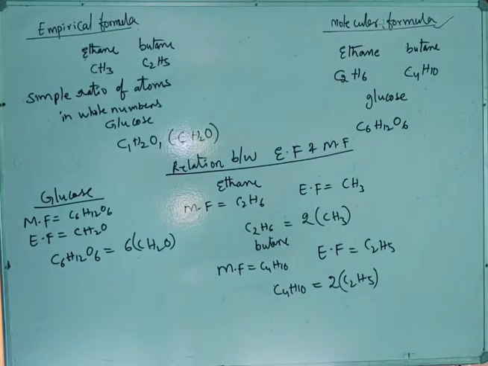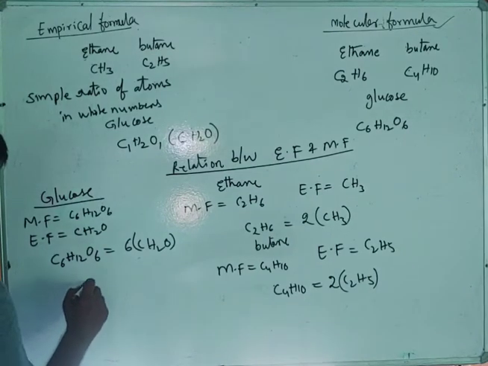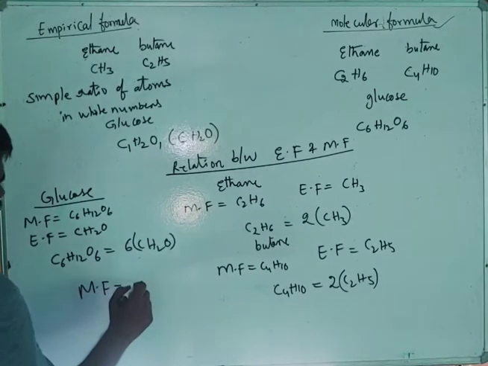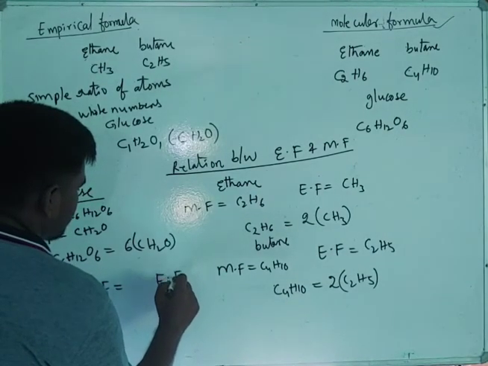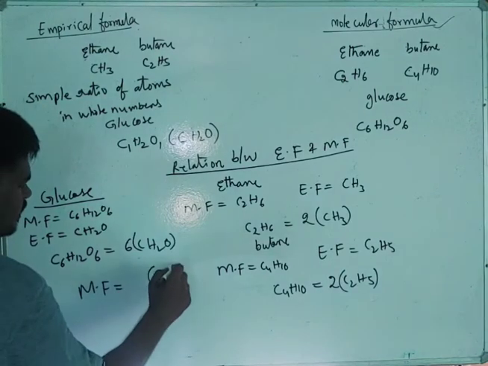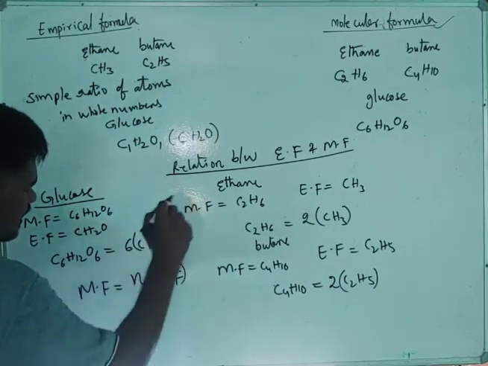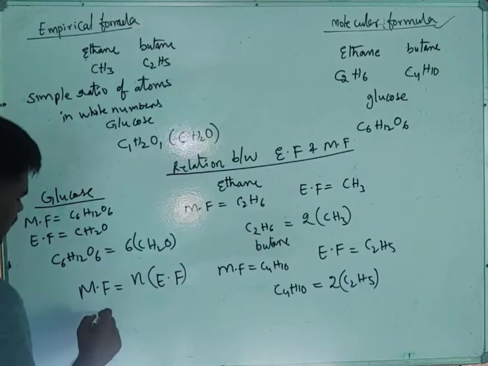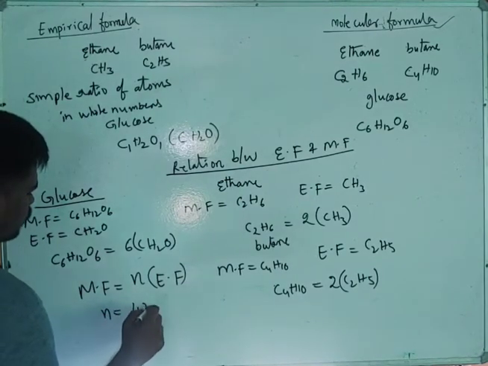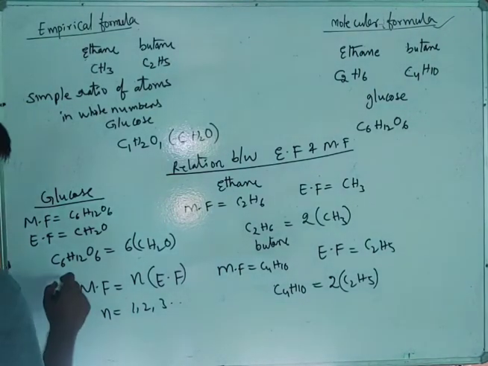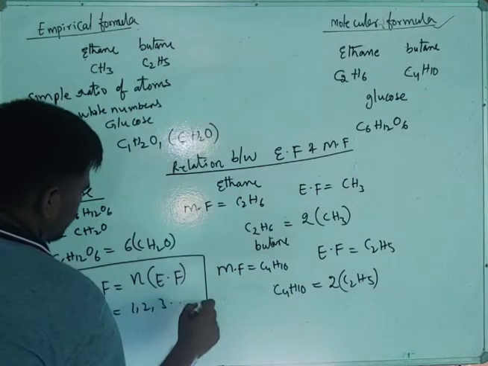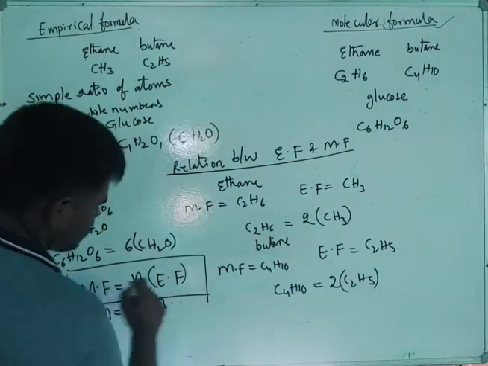Now from all these examples, I can derive a formula that the molecular formula of a particular compound is equal to the empirical formula of the same compound multiplied with an integer n. So here n is equal to 1, 2, 3 and so on. Right? This is the relation between molecular formula and empirical formula of a given compound.